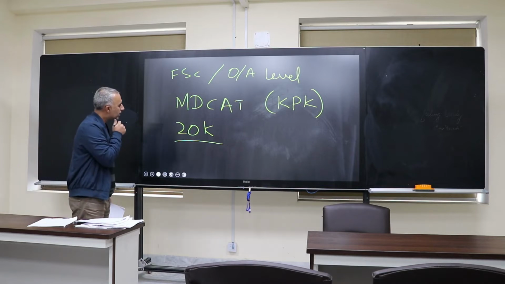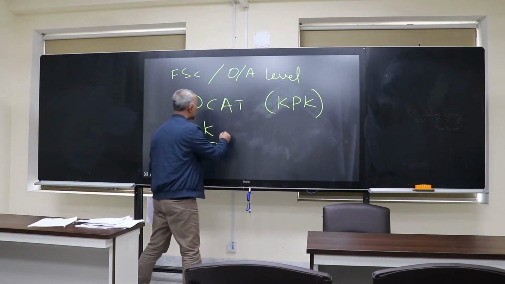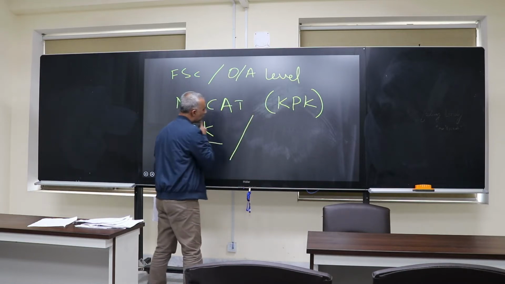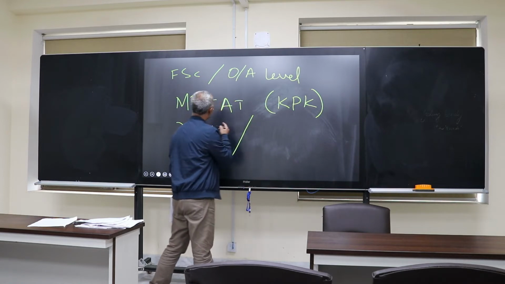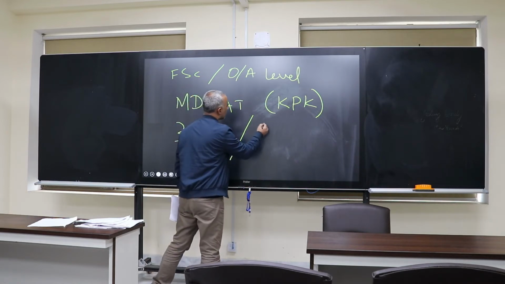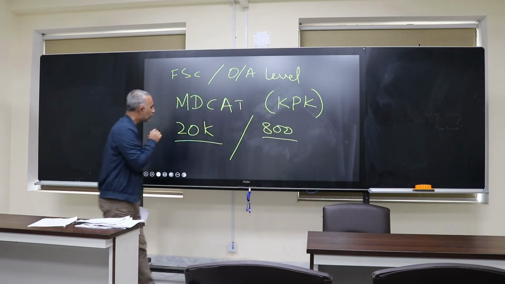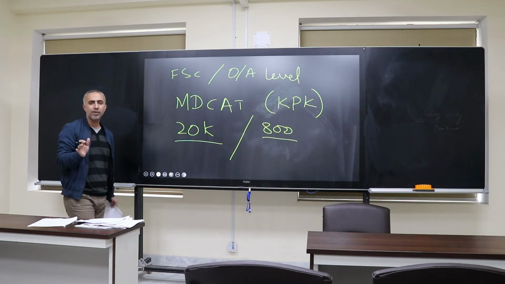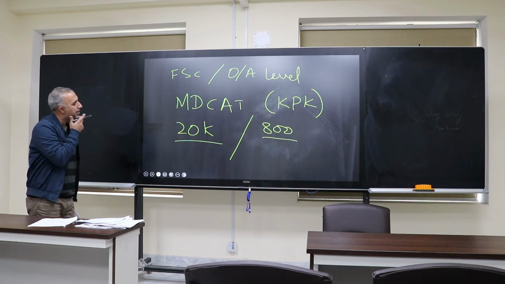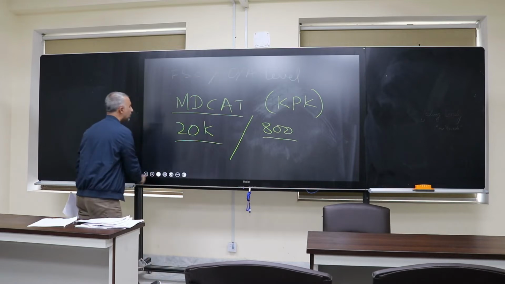So in this 20,000 students, let's suppose they need to appear for the MDCAT test. The total marks of the test are 800. So let's make a natural graph of how these students behave naturally by appearing in this MDCAT test.